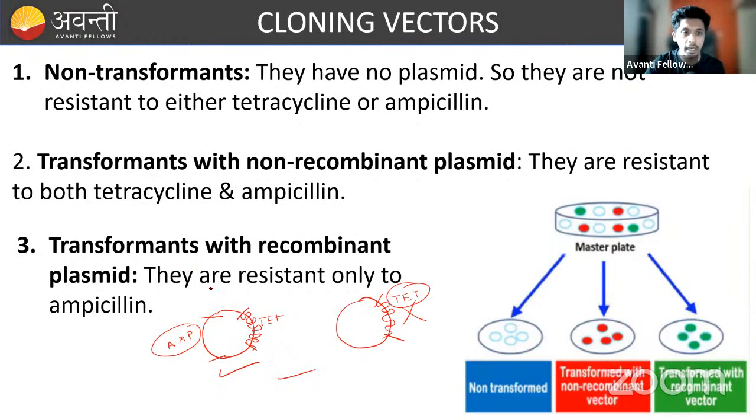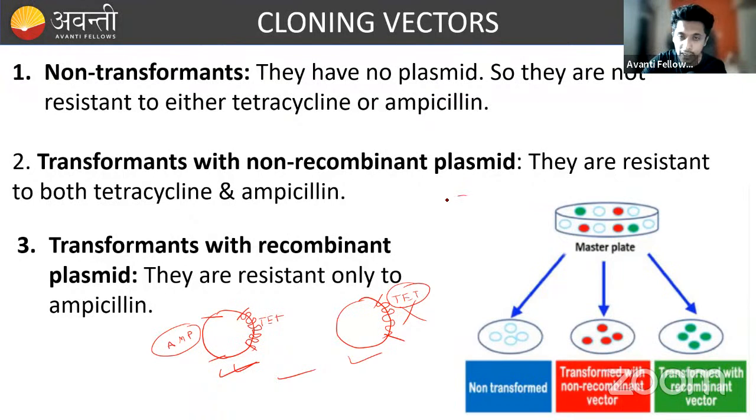transformant with recombinant plasmid. Whenever we talk about transformants with recombinant plasmid, they can resist only ampicillin, and these are the perfect vectors. When we talk about transformant with non-recombinant plasmid, they resist both tetracycline and ampicillin. Why are they resisting both?